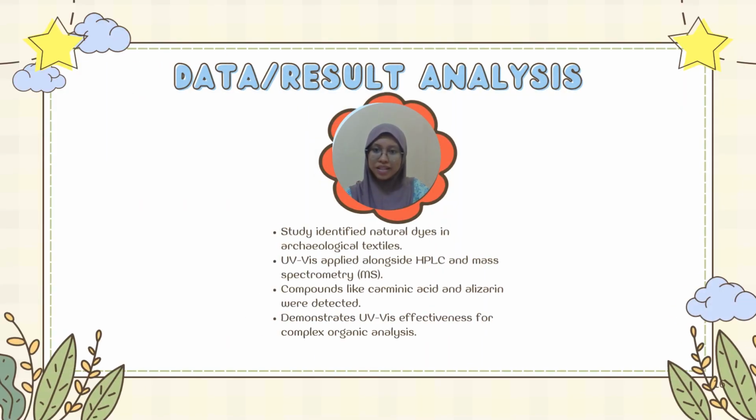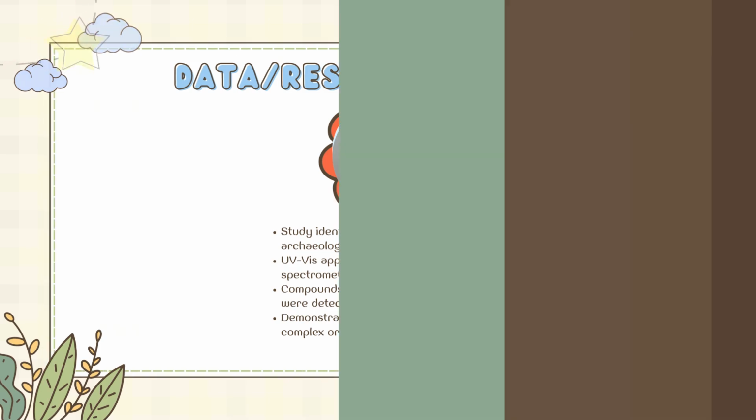Next, in another study, UV-vis was combined with HPLC and mass spectrometry (MS) to identify natural dyes in archaeological textiles. Absorption spectra of compounds like carminic acid and alizarin were successfully measured, confirming the power of UV-vis as a qualitative tool for analyzing complex organic molecules.